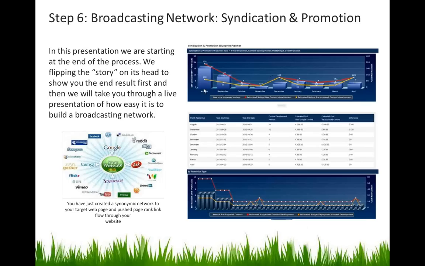It tells you for the month how long your promotion is going to run. You can see the costs for new content in the red line, in the yellow line, that's if you're using repurposed content. You can see month by month exactly when a task must be done, how many tasks, what it's going to cost you for new content, what it's going to cost you for repurposed content, and you can actually see the difference, the savings you're making.